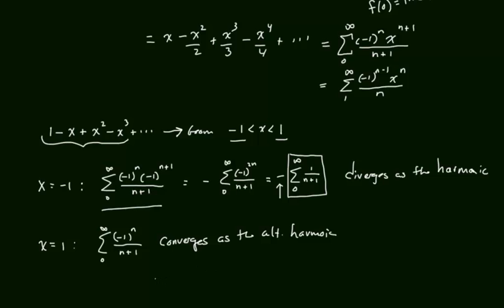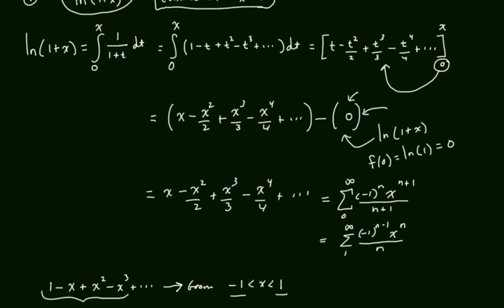The -1 is not included, and the +1 then becomes included. So this is the interval of convergence for the power series, which, let me scroll up, for the power series for the natural log of x plus 1 or 1 plus x centered at 0.